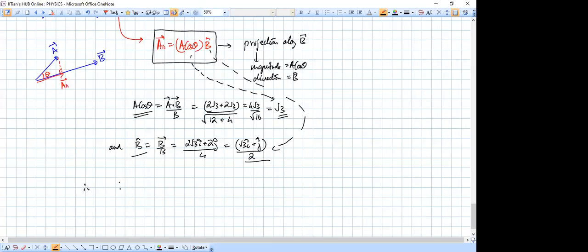what is our vector projection becoming? It is becoming A cos theta, which is root 3, multiplied by B cap, which is, you can write it like this, or you can write it like this. It makes no difference.